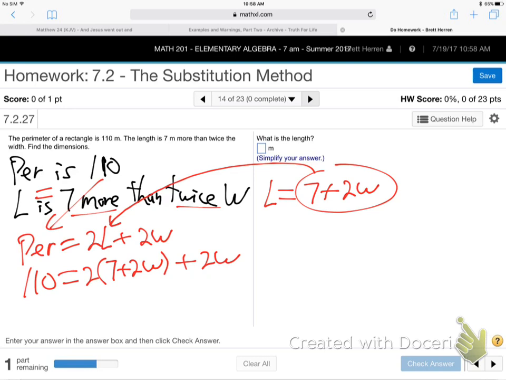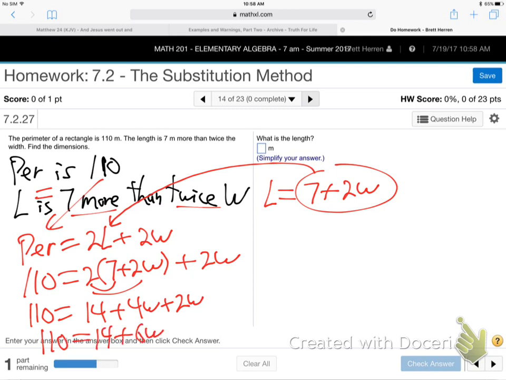Getting easy? Do these in your sleep? All right, take it from there. Can you solve it? Finish her up. So combine like terms.